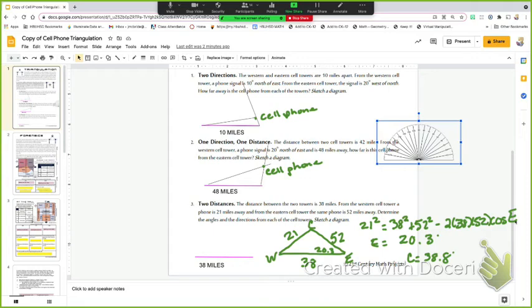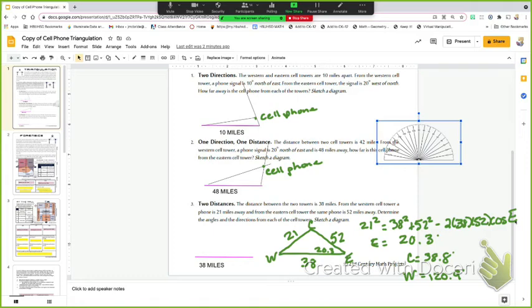But angle C should be 38.8, and angle W should then be 120.9. Okay, so check your work on that one. We're going to need to move on to the next worksheet, so you can go back and look at those calculations. Okay, let's talk about direction.